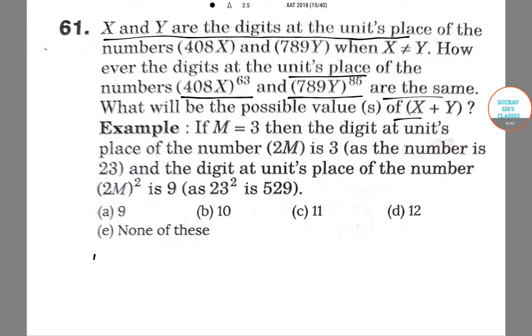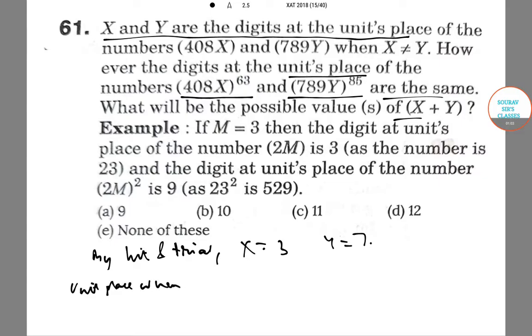Now, by hit and trial, we take x to be equal to 3 and y equal to 7. So the units place when x is equal to 3 gives us 4083 to the power 63.